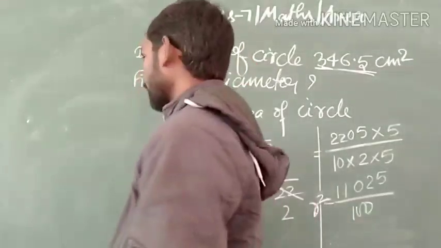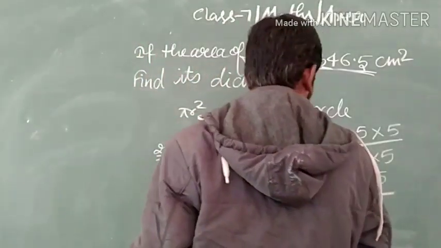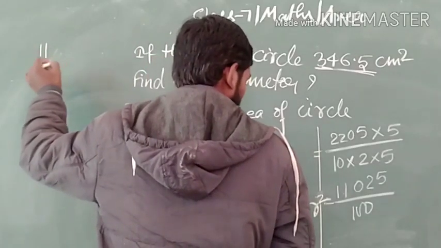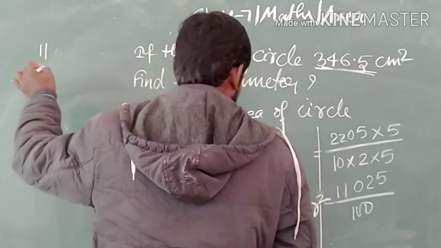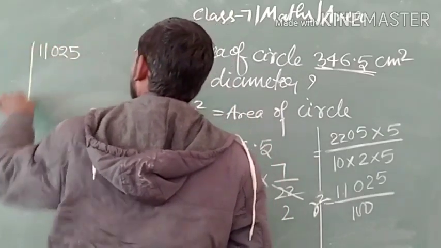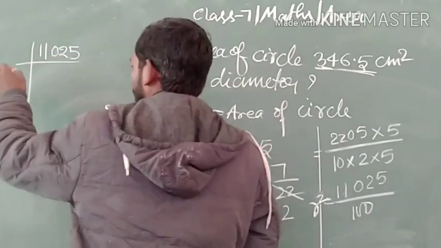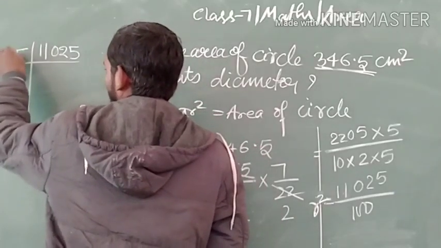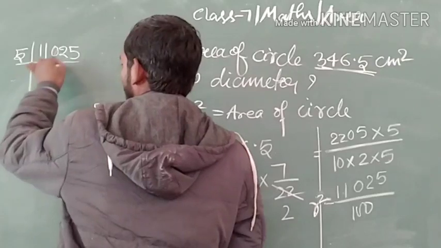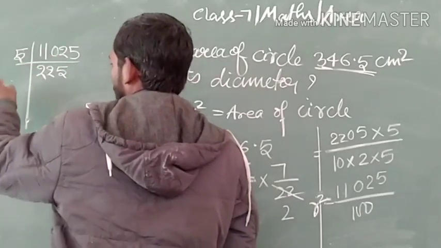So here we shall find out the square root of 11025. So here we write 11025, and we find this square root by this: 5 5s are 25, 1 is 10, 5 to the 10, and 5 5s the 15.